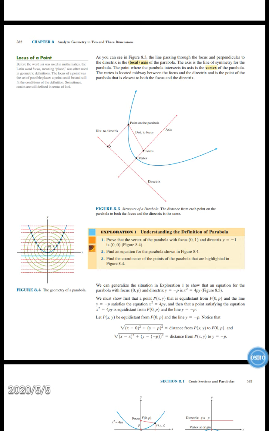And then maybe the new thing would be the focus here, and then the directrix, of course. But just think about the shape of a quadratic function, and you can easily think of a parabola. Okay, so you have to remember the vocabulary, of course, which is the directrix and the focus. I think those are the new vocabulary here.